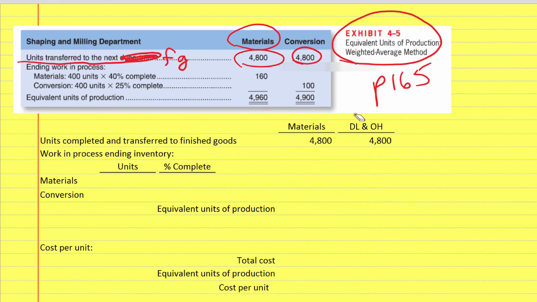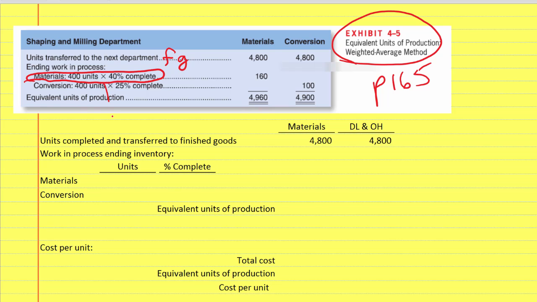And get rid of the clutter. And now let's take a look at ending inventory. There are 400 units in ending inventory, and the materials are 40% complete.